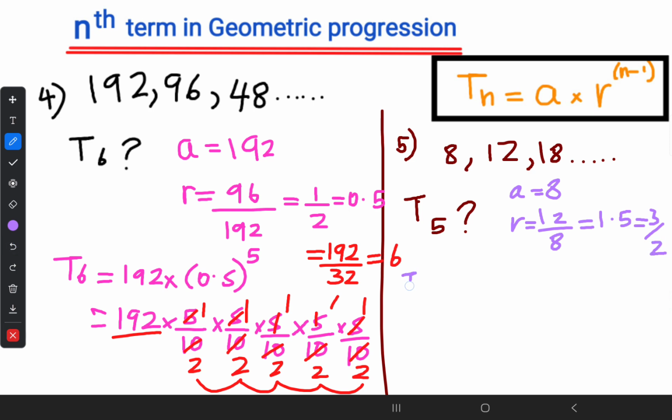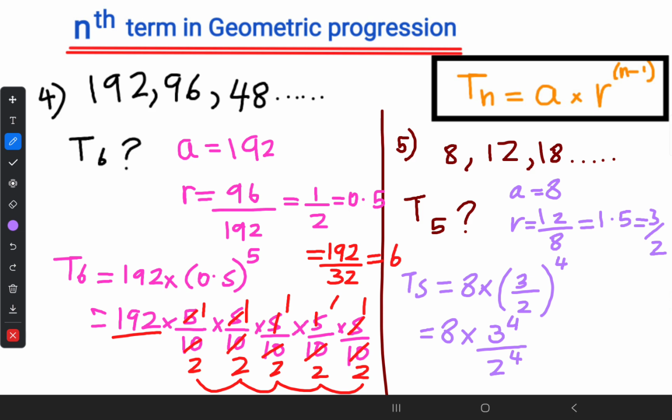T5. So T5 equals to 8 multiplied with 3 upon 2 with the power of 5 minus 1, N is 5, 4. Thereafter, 8 should be multiplied with 3 with the power of 4 and 2 with the power of 4, because this fraction consists of an index.